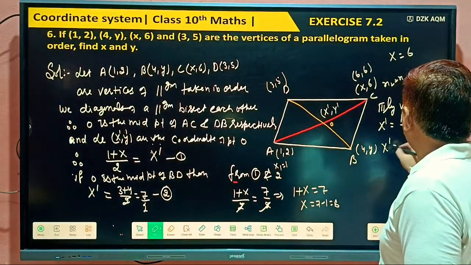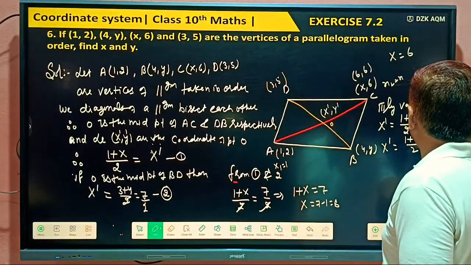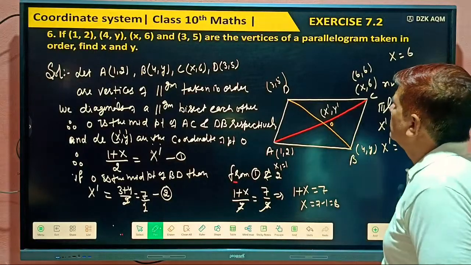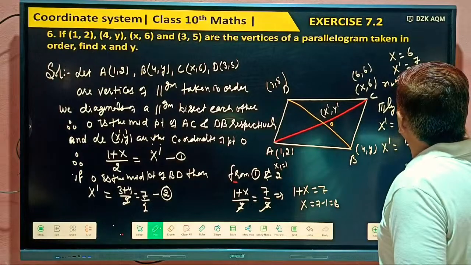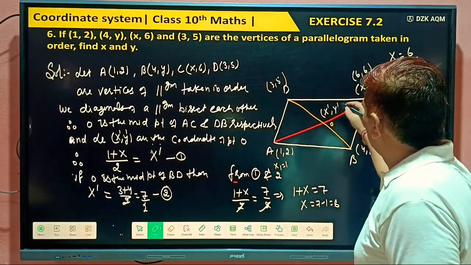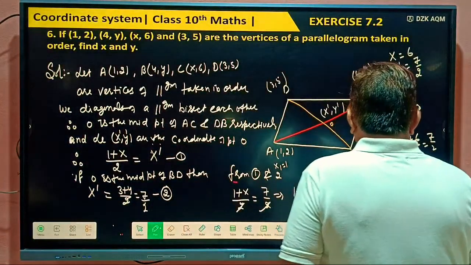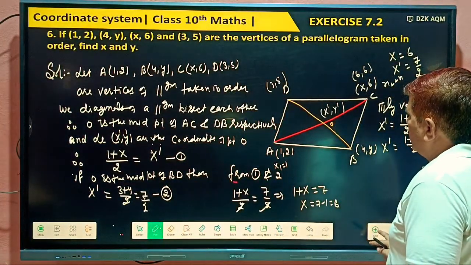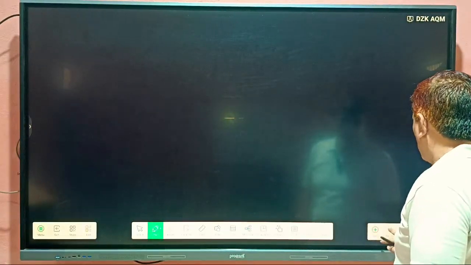So x dash equal to (1 plus 6) by 2. How much? 7 by 2. So what's the value of x dash? 7 by 2. Yes or no? So similarly, we can find out y also, y and y dash.